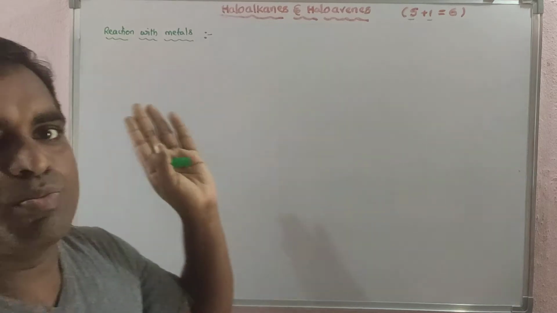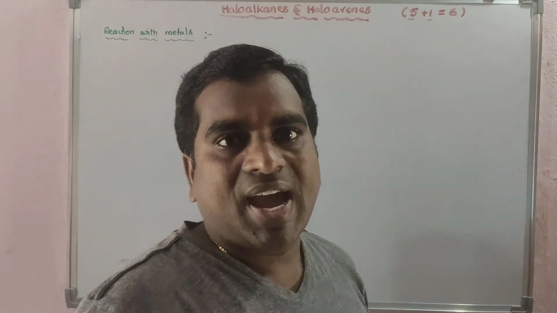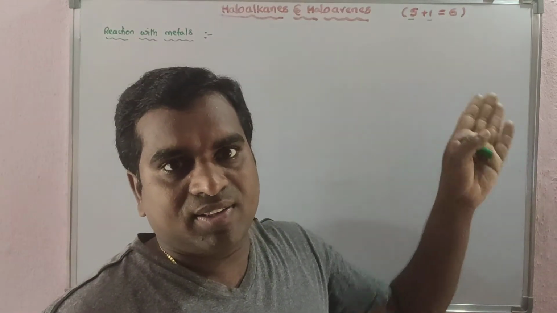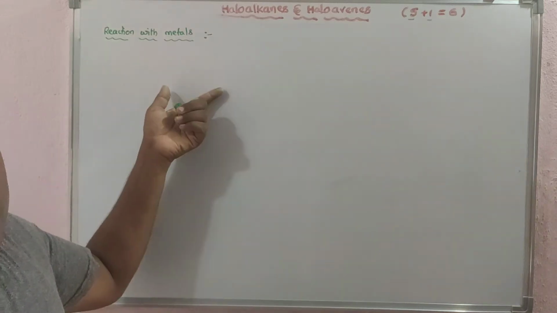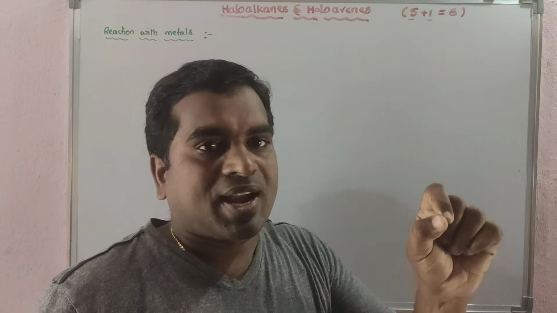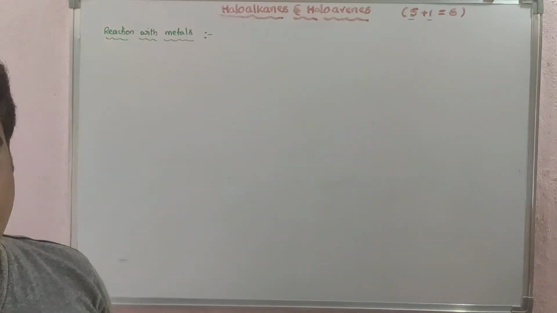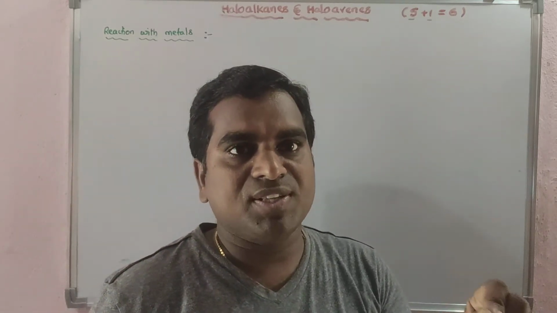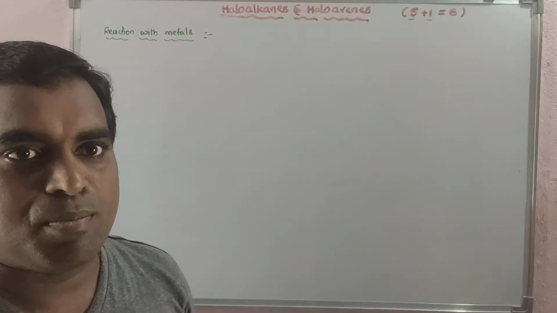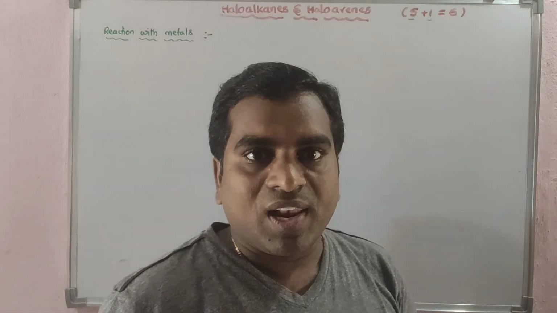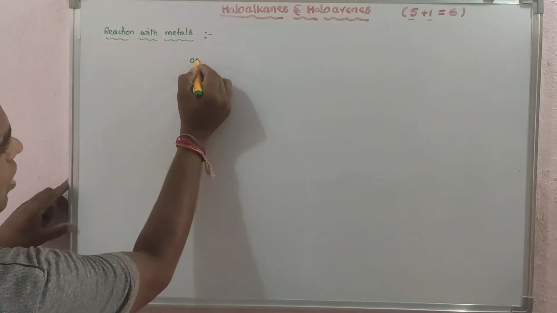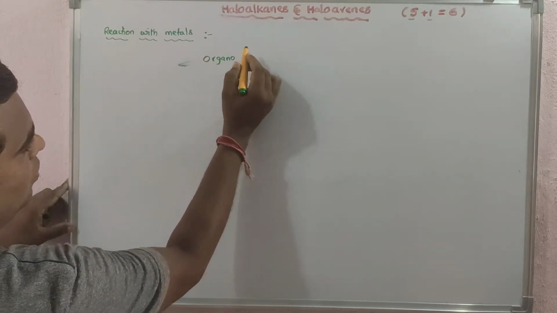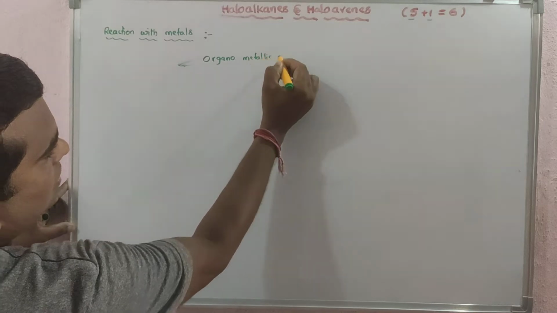When alkyl chlorides, bromides or iodides react with a metal in dry ether solvent, they produce compounds containing a carbon-metal bond. These compounds, in which a carbon-metal bond is present, we call organometallic compounds.